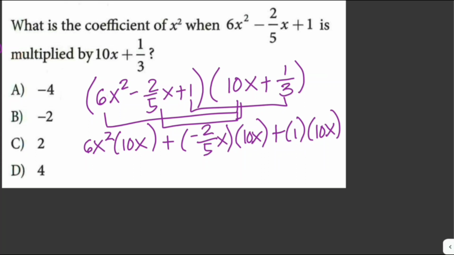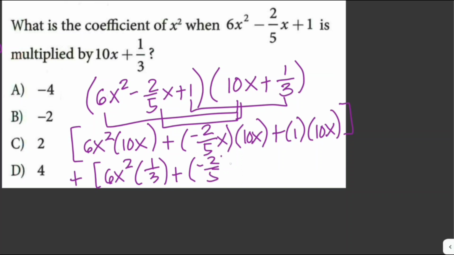And now we multiply the second term. So this is just plus 6x squared times 1/3 plus negative 2/5 x times 1/3 plus 1 times 1/3.